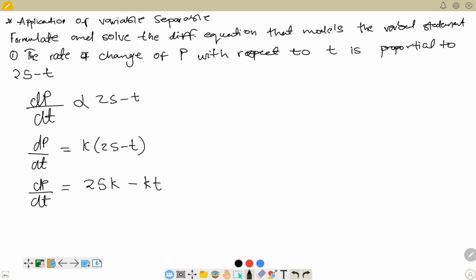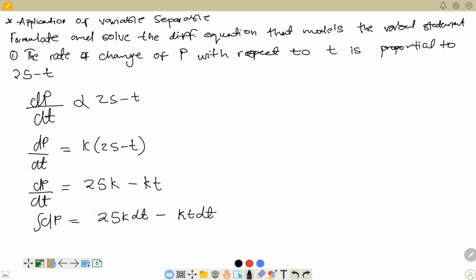So I can multiply both sides by dt. Then this side I will be left with dp only. Then I will have 25k dt minus kt dt. So now I can integrate here.